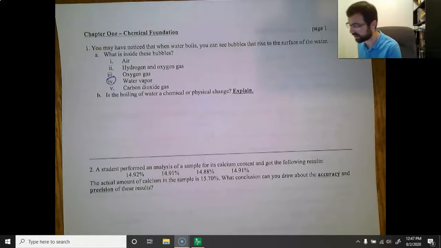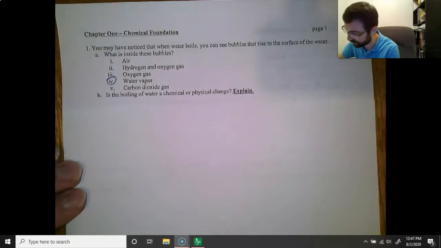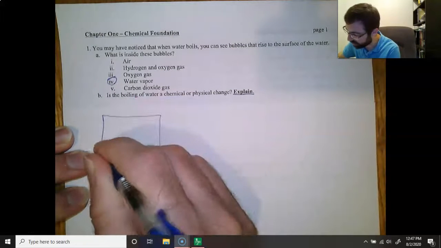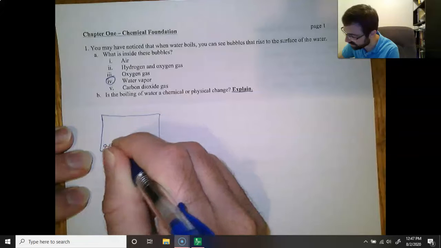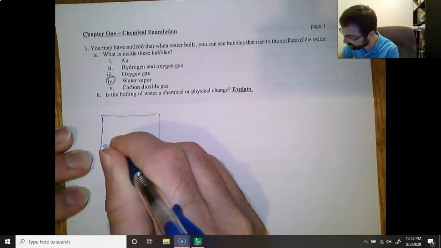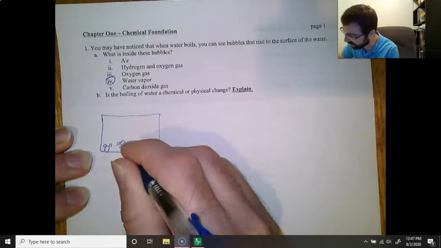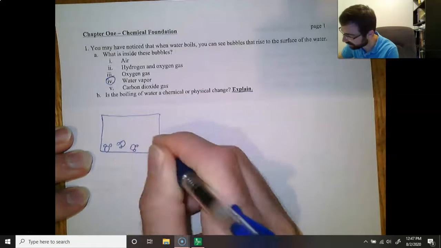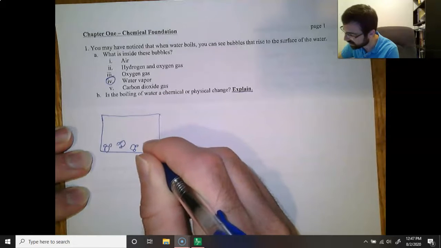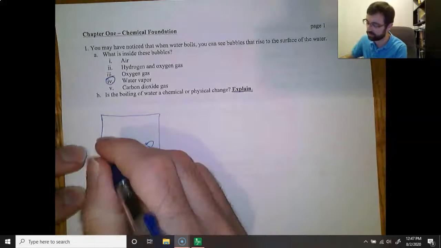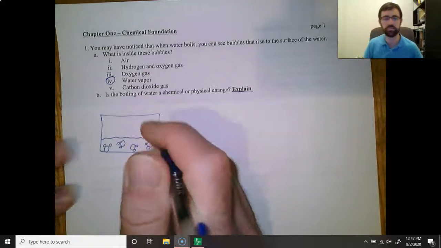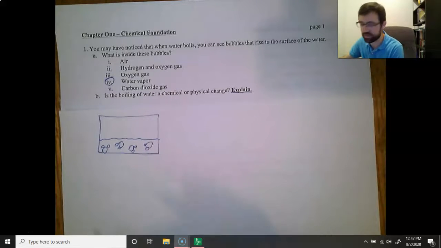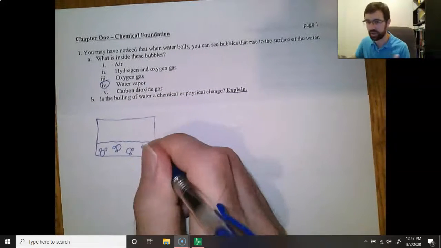If we were to draw this out on another piece of paper and I've got a box of liquid water, I'd have my water molecules. They're pretty random, not orderly at all, but they're all sitting at the bottom and they're packed together fairly close. But as it evaporates, these hydrogen atoms don't break off and the oxygen atoms don't break off.